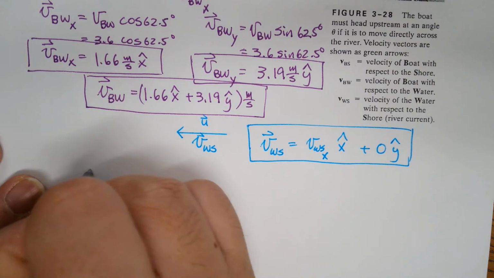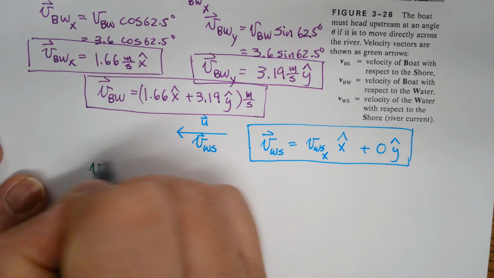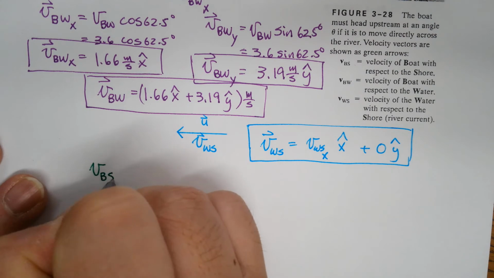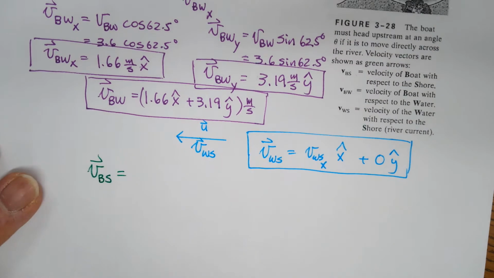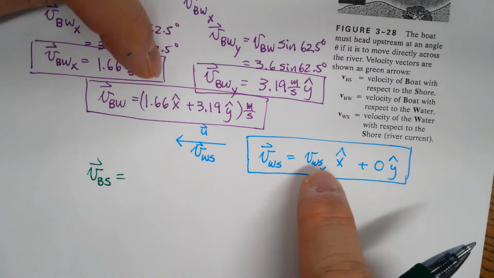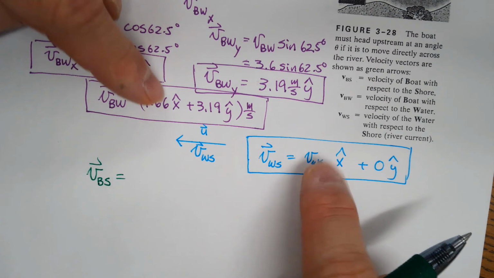Now we know the velocity of the boat with respect to shore has to be these two added together.